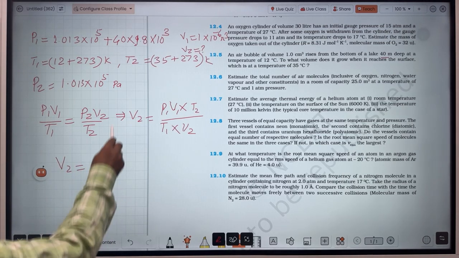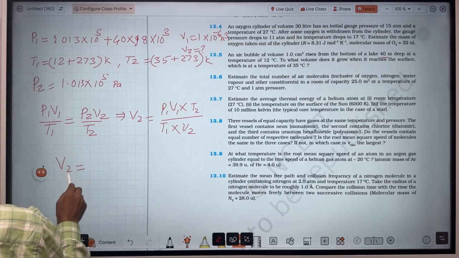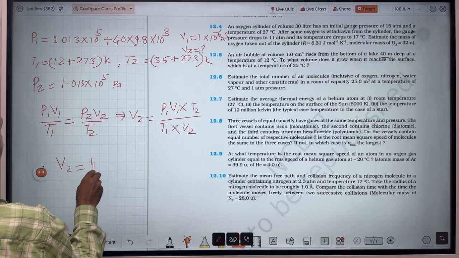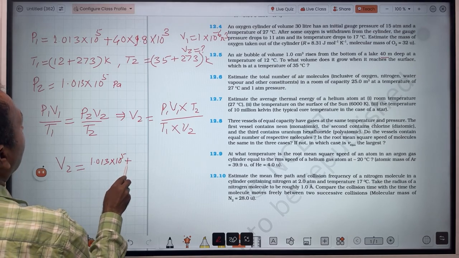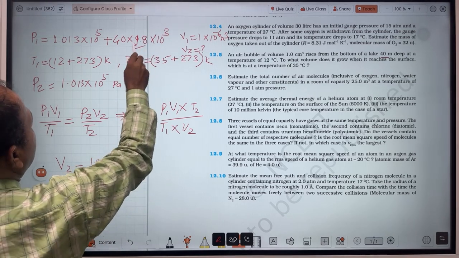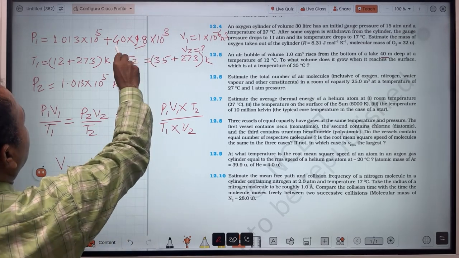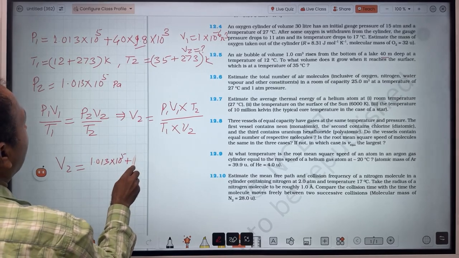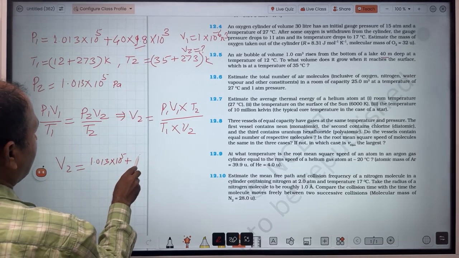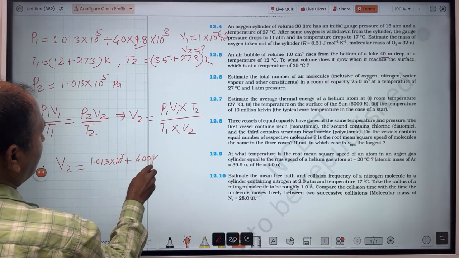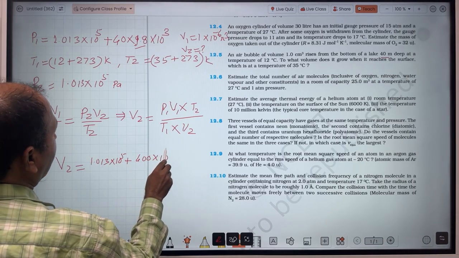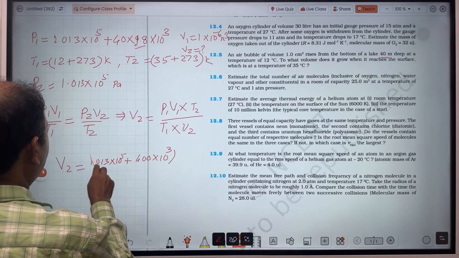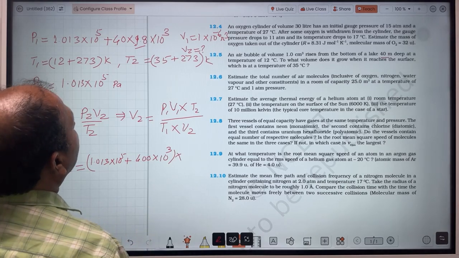V2 equal to P1, so P1 is 1.013 into 10 to the power 5 plus, let's write it as 10, so that will make things easier. So this will become 400 into 10 to the power 3, P1, then V1.